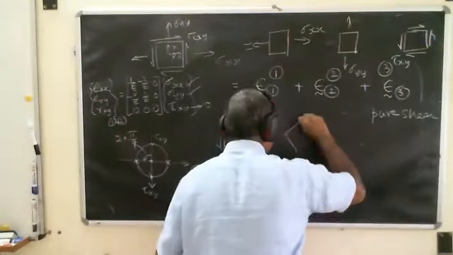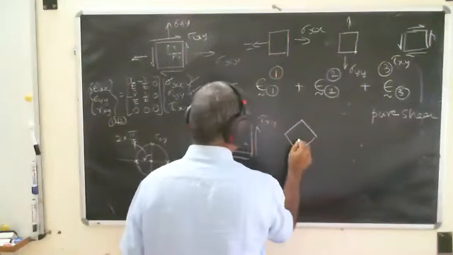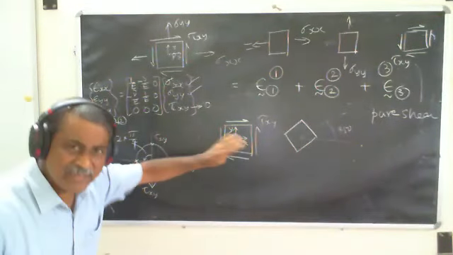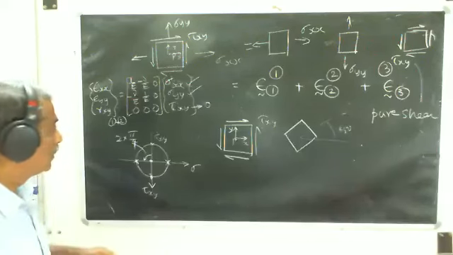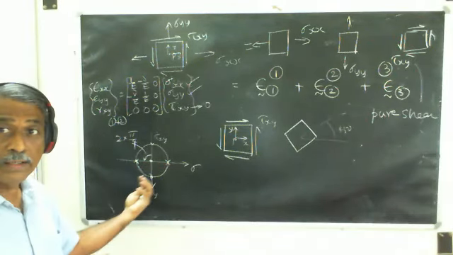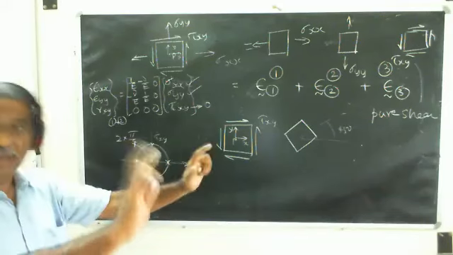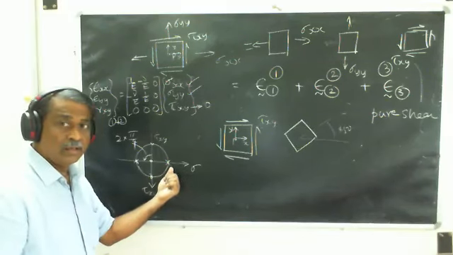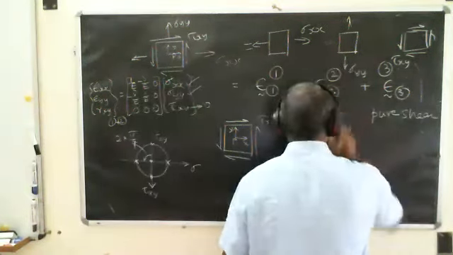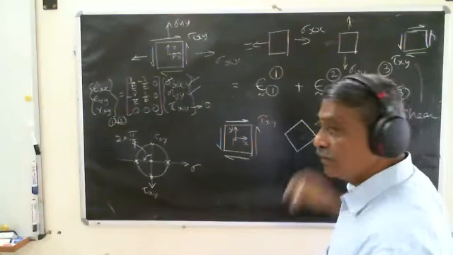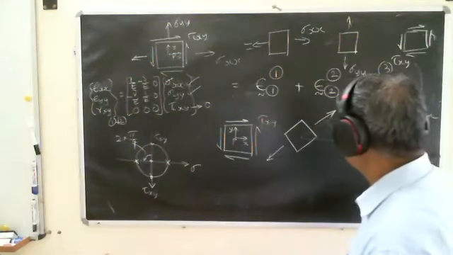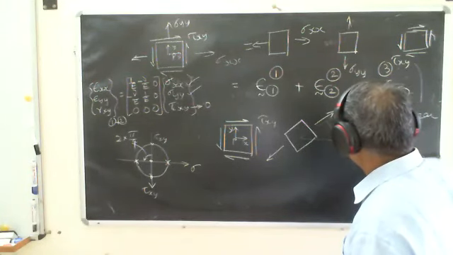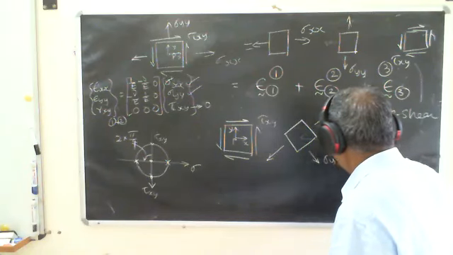So if I take like this, which is 45 degrees, then for the same stress state, which is the pure shear, I can now write down what would be the pure normal stresses. Correct? And what are they? Here I have sigma x prime, and this is sigma y prime.